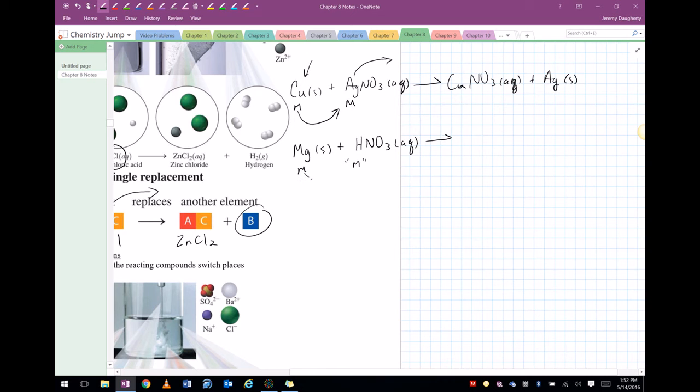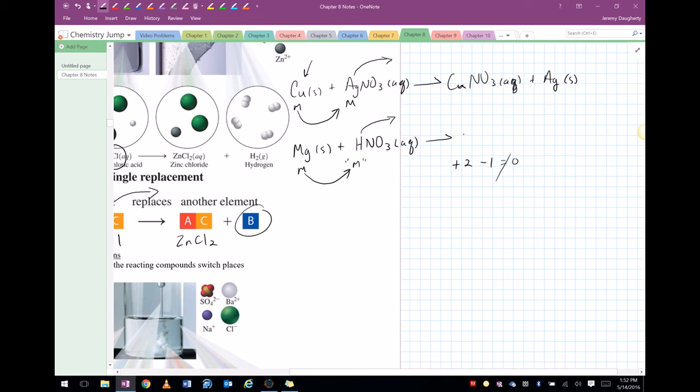So it's going to come and replace that hydrogen, and then that hydrogen is going to go off by itself. So this is where you have to be careful, because a lot of kids will write MgNO3, but of course that's wrong. Why is it wrong? Magnesium is positive 2, nitrate's negative 1. Does that equal 0? Nope, it does not. So you have to remember the charges. They combine according to the charges.